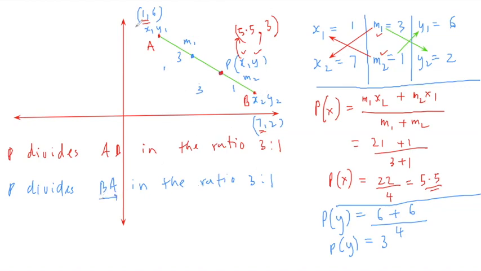BA would be from B to A. AB would be from A to B. And again, you could have different variations, P divides AB in the ratio 1:3, and P divides BA in the ratio of 1:3. You get the idea, right? So many times children miss out on this order, even though they know the method, they solve it perfectly, formula, everything.